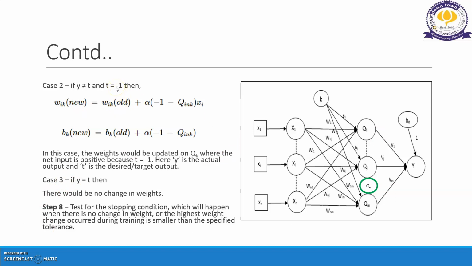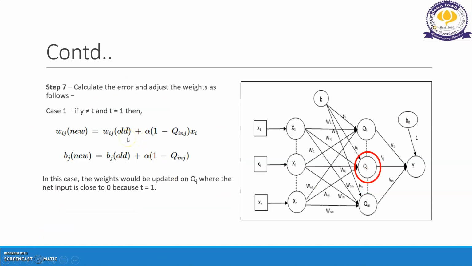If your target is -1 and you are getting +1, that means you have to adjust the weights at those Adaline units where the net input is positive. That means you have to adjust all those weights and bias associated with those particular Adaline units where inputs are positive, and you have to make it negative in order to get the targeted negative output value.